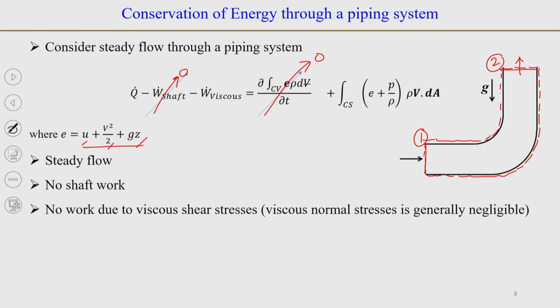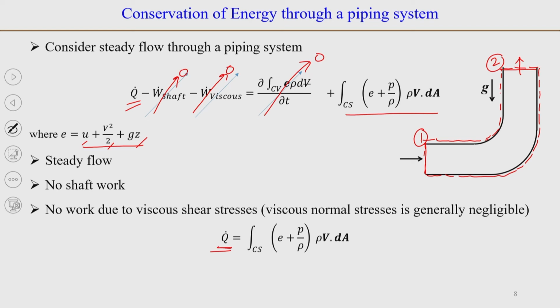So, the work done due to the viscous stress is also 0. So, we end up with two terms, Q dot and the net flow of energy.